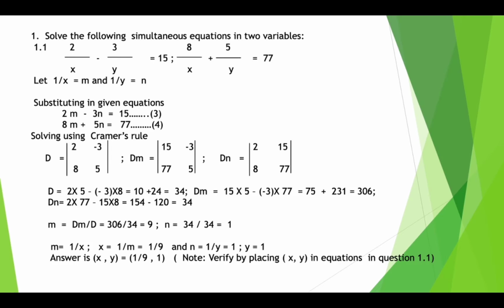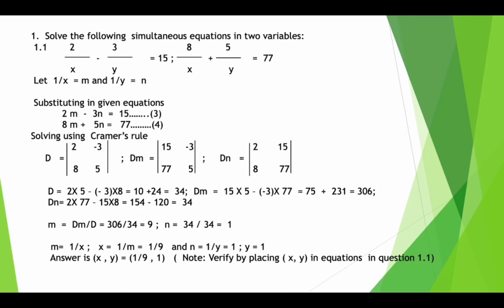So 2 into 1 by x is 2m minus 3 into 1 by y, 3n is equal to 15. Similarly, 8 into 1 by x is 8m plus 5 into 1 by y is 5n, and that is equal to 77. We'll solve by Cramer's rule because it's easier to solve the equations when using Cramer's rule.